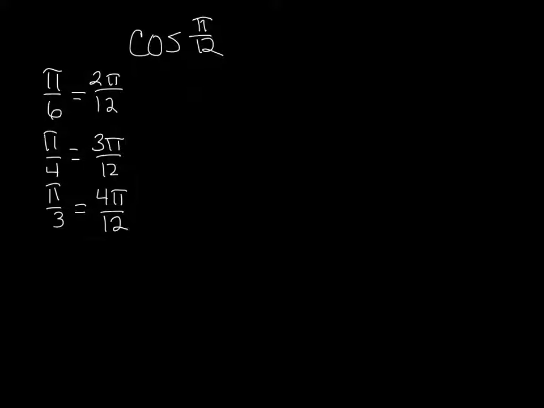We could take 4 pi over 12 minus 3 pi over 12, or we could do the cosine of pi over 3, which is 4 pi over 12, minus pi over 4. Looks like you could also do pi over 4 minus pi over 6, but let's just keep it as the cosine of pi over 3 minus pi over 4.